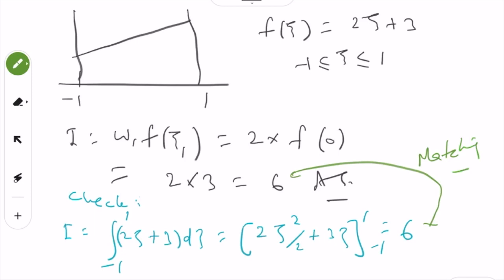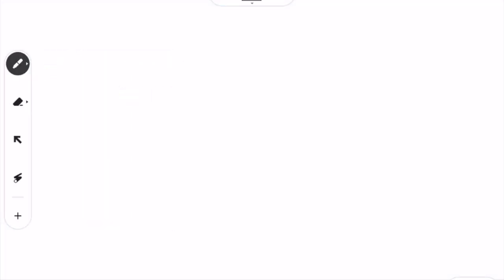Similarly, you can find out for NGP equal to 2, right. Say you have a quadratic equation now, right. What if it is a quadratic f(xi)?